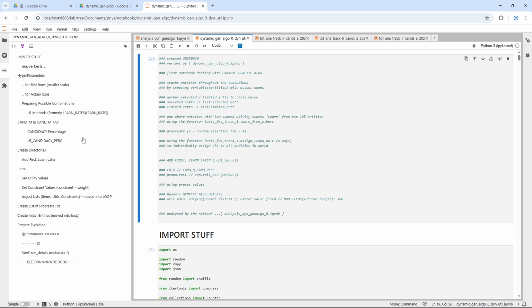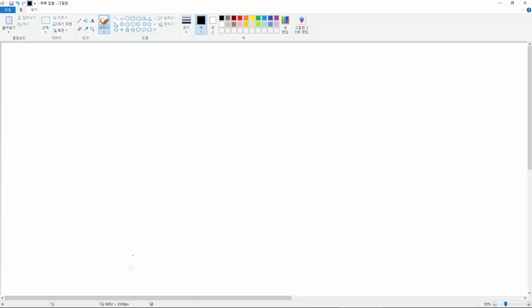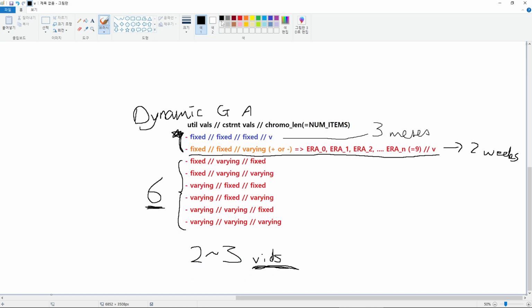So what needs to happen for utility values or constraint values if they need to, quote unquote, vary or change.